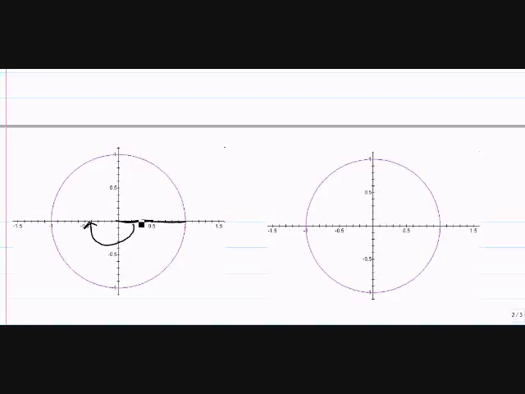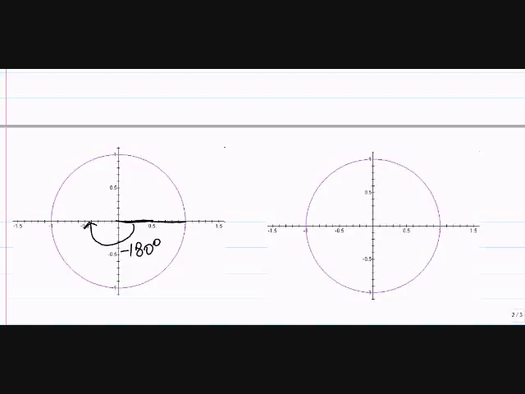I've gone 90 plus 90, which is 180 degrees, but because I am going backwards, this is called negative 180 degrees. If you're going clockwise, you're going negative degrees. If you're going counterclockwise, you're going positive degrees.